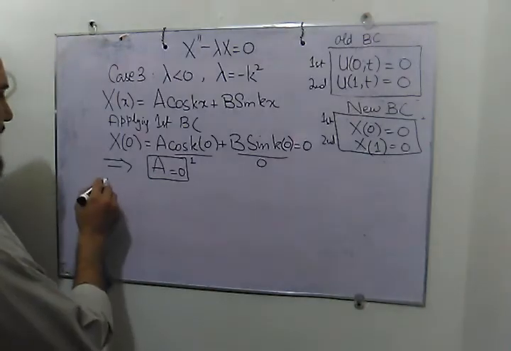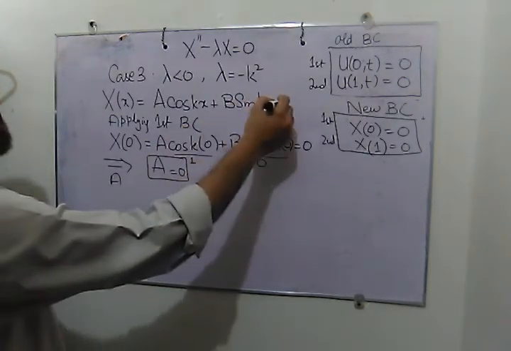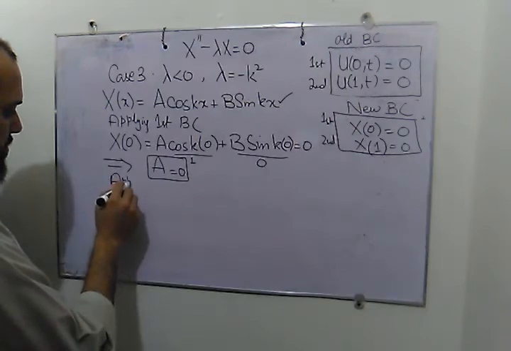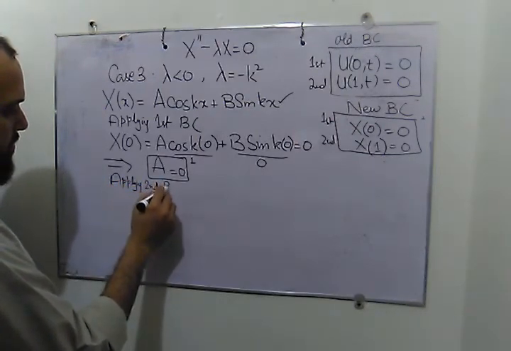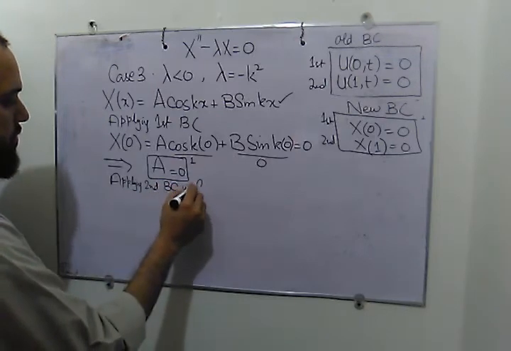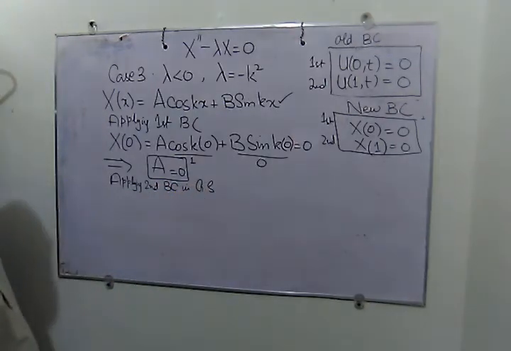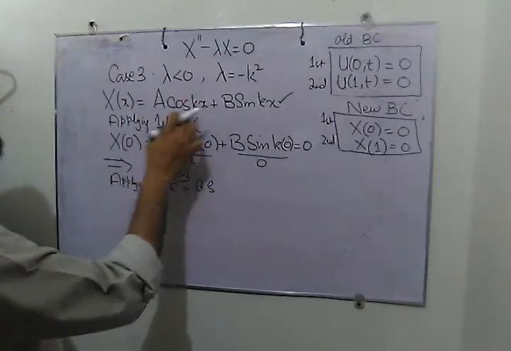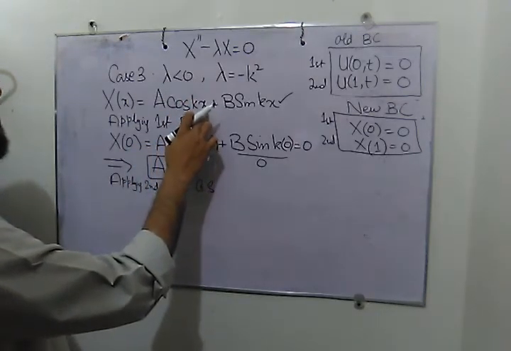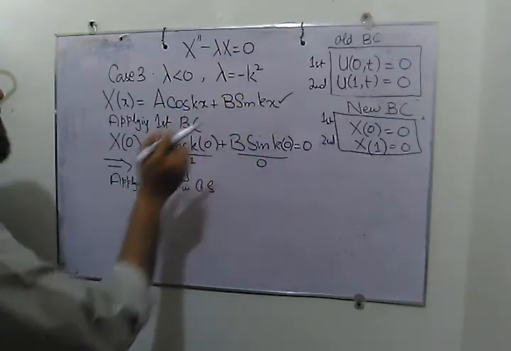Now we apply the second boundary condition in the general solution, in which a is equal to 0, therefore this whole portion is removed and we only have b sine kx.